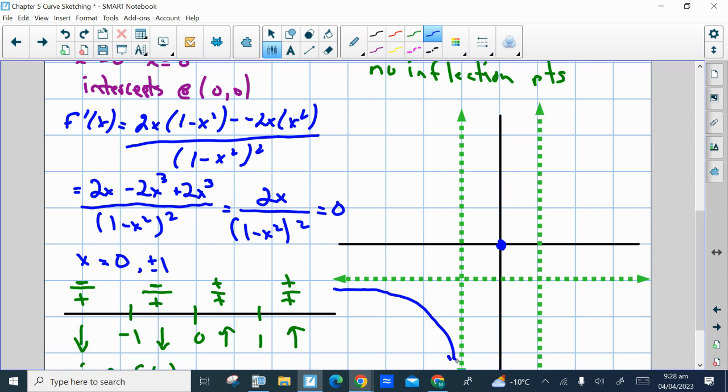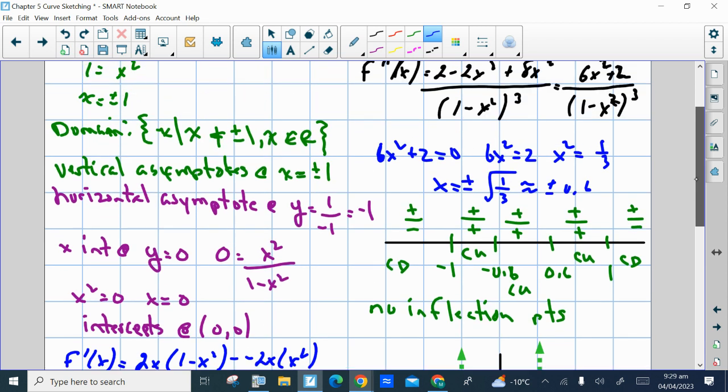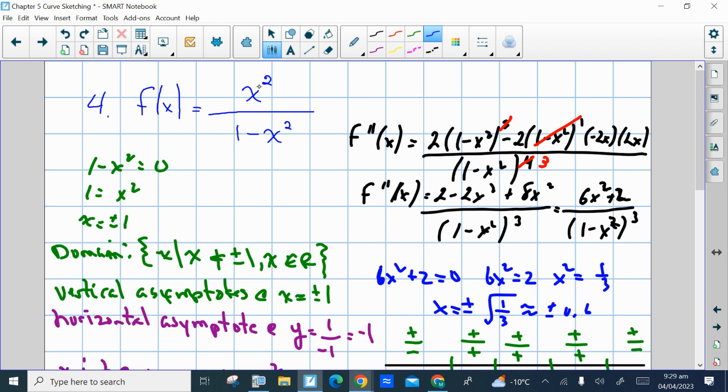And just to confirm that you're in that lower left quadrant, you could take any value of x less than -1, say -2, and plug it into the original function. When x is -2, -2 squared is 4 over 1 minus 4 is -3.